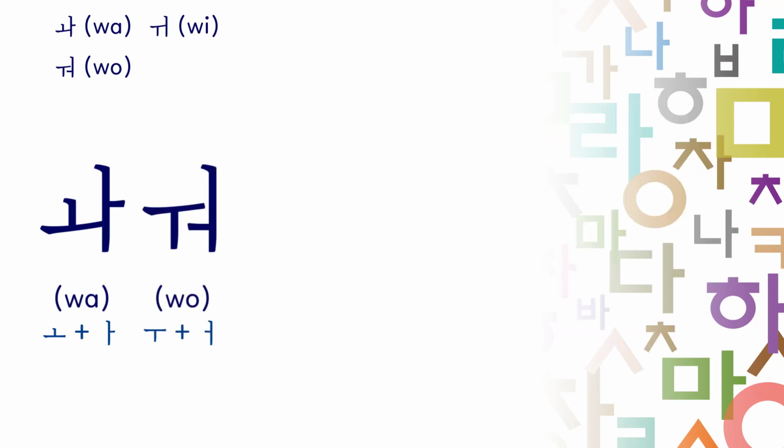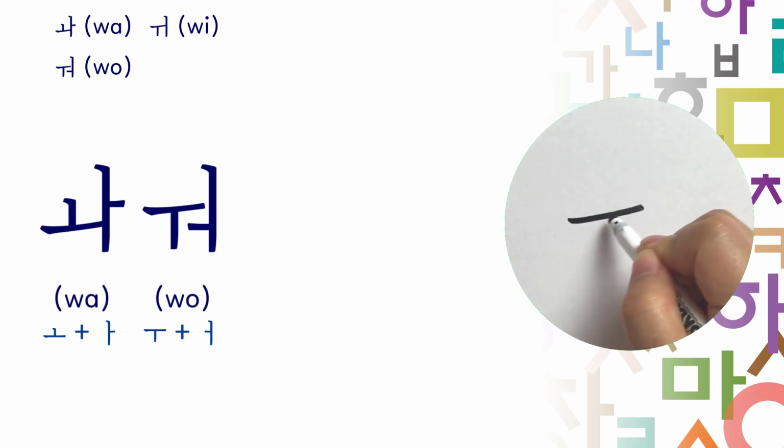Next, we have wa. And this combines the vowels u and o. So if we say these vowels together, it's u-o, wa. Wa is written like this.